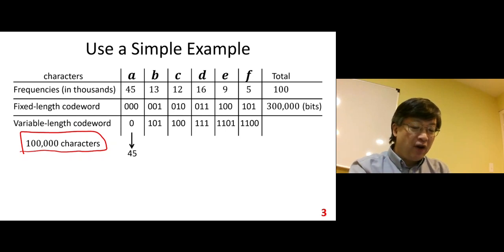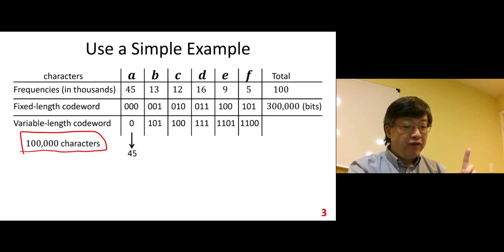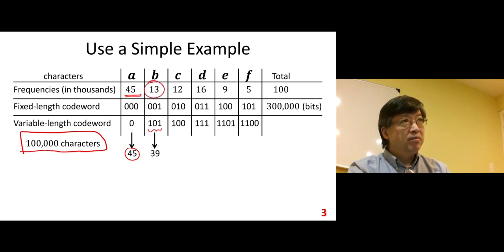Second one, let's do the calculation. For each A, we only use 1 bit. For 45,000 A, we use 45,000 bits. Each B, we use 3 bits. For 13,000 B, we use 3 times 13,000, 39,000 bits.